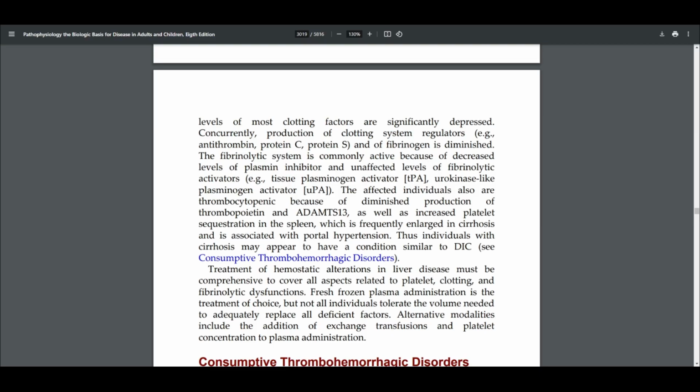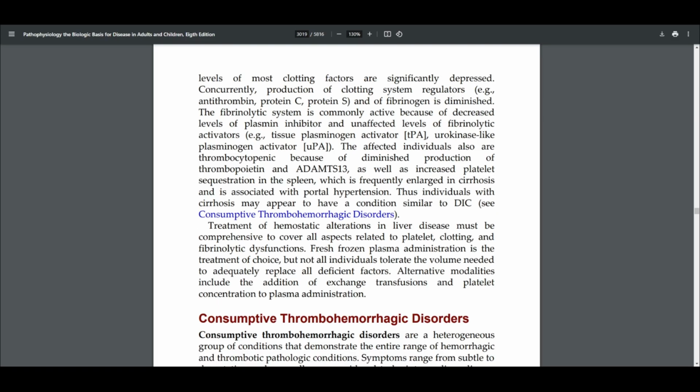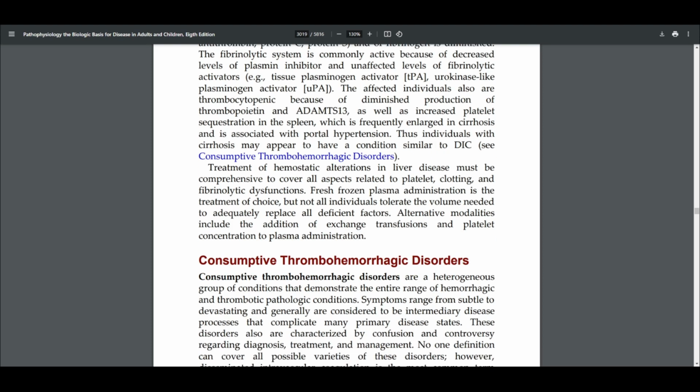The affected individuals also are thrombocytopenic because of the diminished production of thrombopoietin and ADAMTS13, as well as increased platelet sequestration in the spleen, which is frequently enlarged in cirrhosis and is associated with portal hypertension. Thus, individuals with cirrhosis may appear to have a condition similar to DIC.